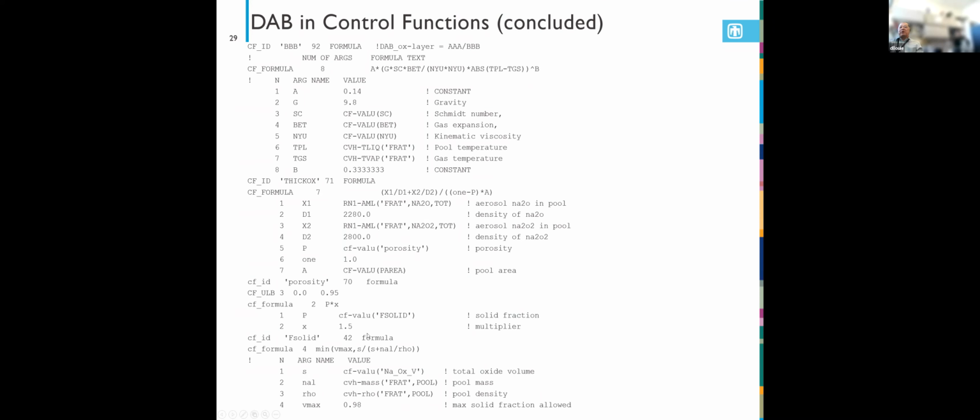We assume the porosity is a function of the solid fraction, which accounts for how much sodium mass byproduct is in the pool. So we can calculate that and then plug it into the oxygen diffusion equations, and then give you the results.